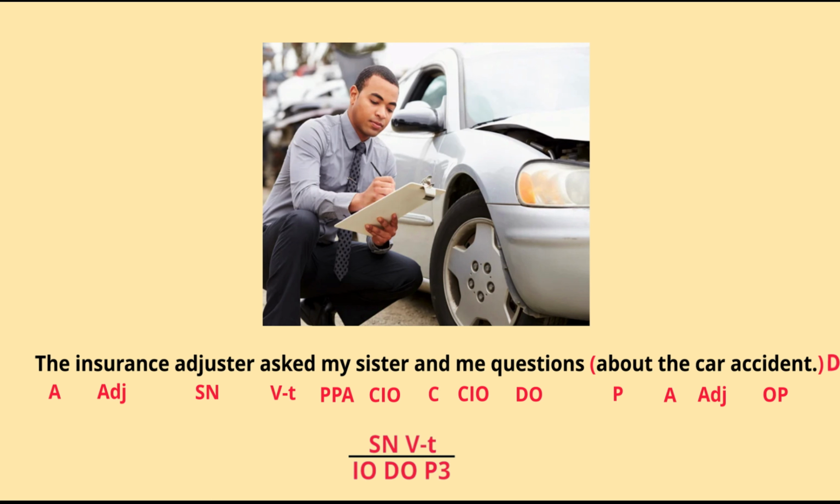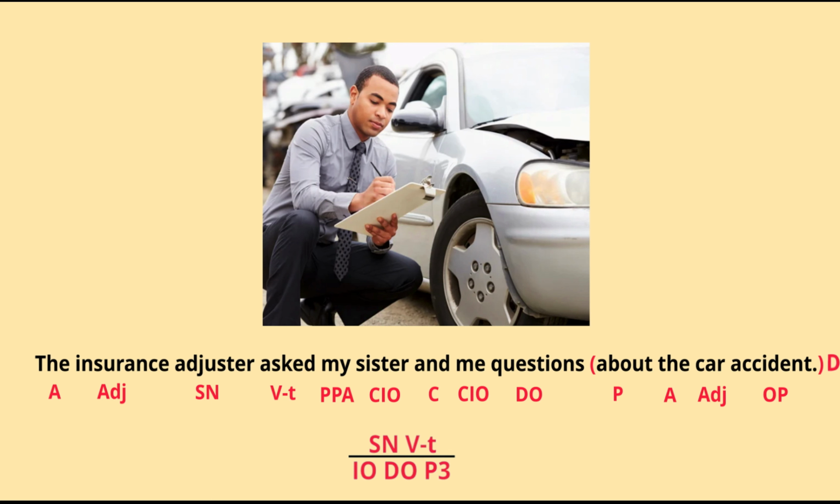And what is being said about the adjuster? Asked. So, asked is the verb. To find the direct object, let's ask the question, asked what? Asked questions. So, questions is a direct object. My sister and me. Wow, this is very interesting.